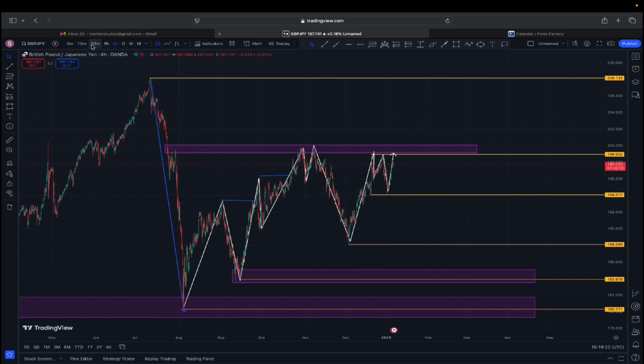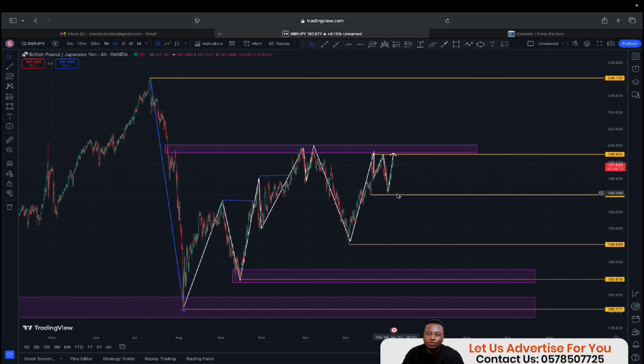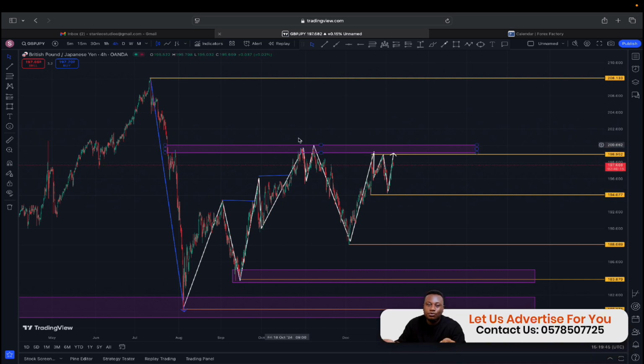I don't like making my analysis in the 15 minutes and the 30 minutes, because in those zones there can be a lot of manipulation. So in a 1 hour, 4 hour, you see the bigger picture and be able to enter into the 15 minutes and the 30 minutes for your entry or your exit of trade. So entry and exit. And so this is the whole bigger picture here.